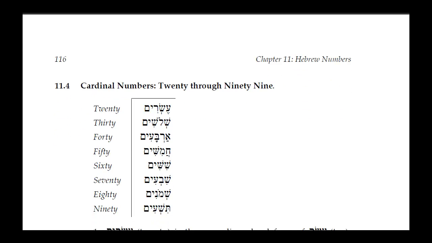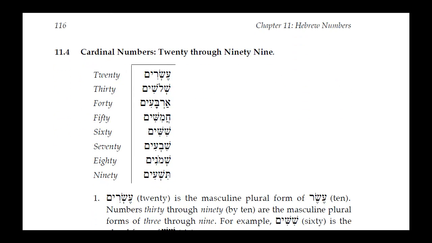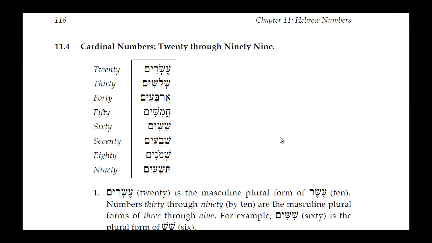Okay, let's go into cardinal numbers 20 through 99. We have 20, done in tens. We have Esrim, of course, that's the Hirik Yod Mem Sofit here. Sheloshim, Arba'im for 40. So Esrim for 20, Sheloshim for 30, Arba'im for 40, just like we get the word 4.